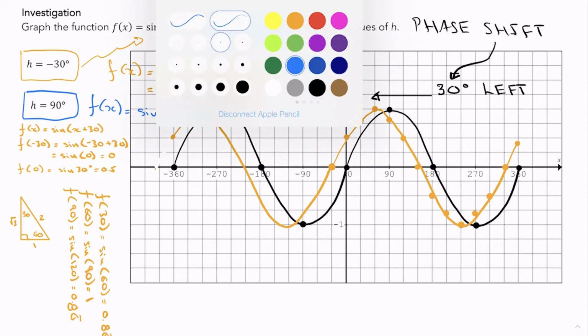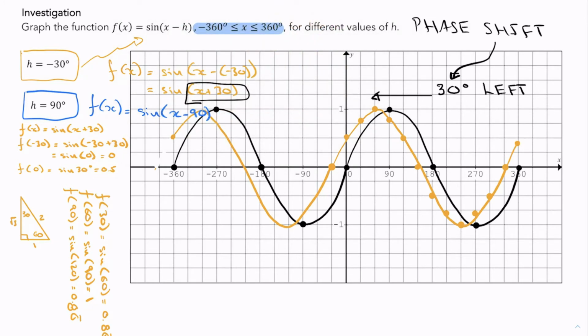So here's what I'm going to do. I'm going to trace over my original sine graph in blue. There we go. I'm going to go a little bit past because I'm going to have to copy this.